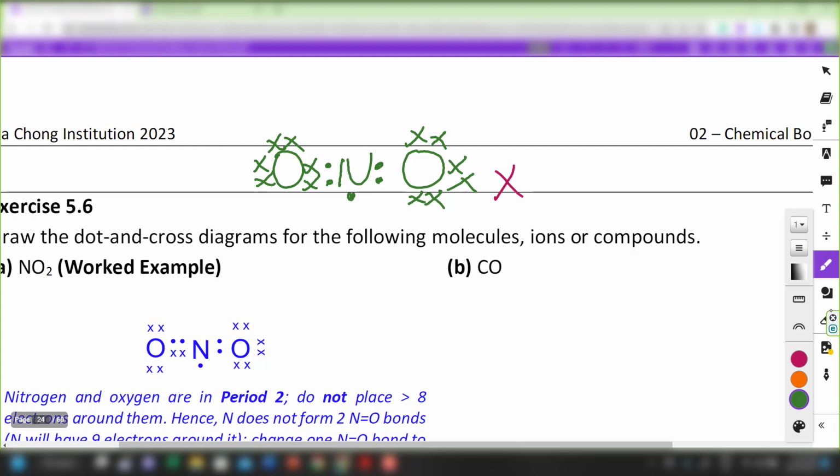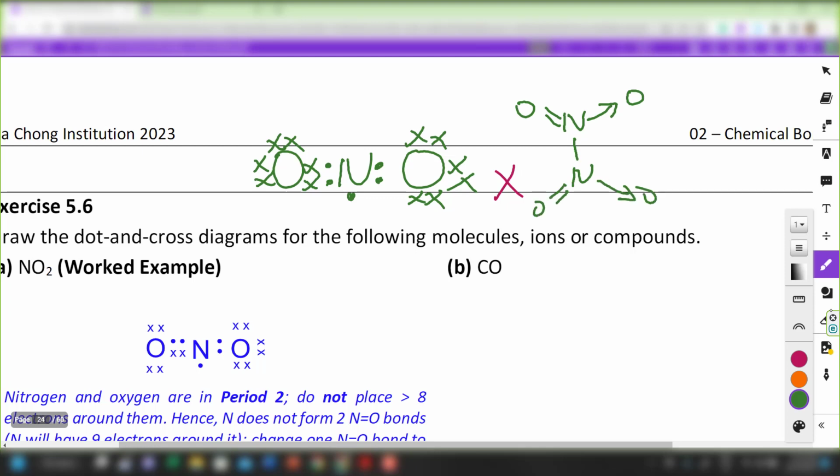That also explains why NO2, having this particular Lewis structure, tends to form a covalent bond with another NO2 molecule. In this sense, it will dimerize to form something like this.